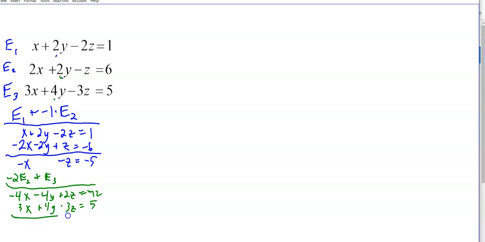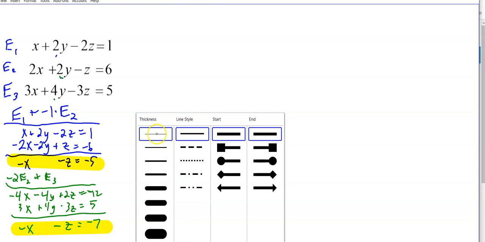We're going to add those up. So we get negative x minus z equals negative 7. At this point, we now have a 2x2 system that we just created. Right, so we're going to now solve this.